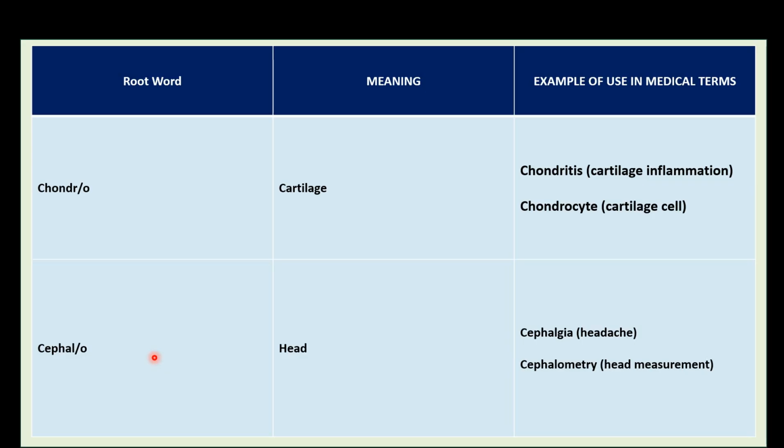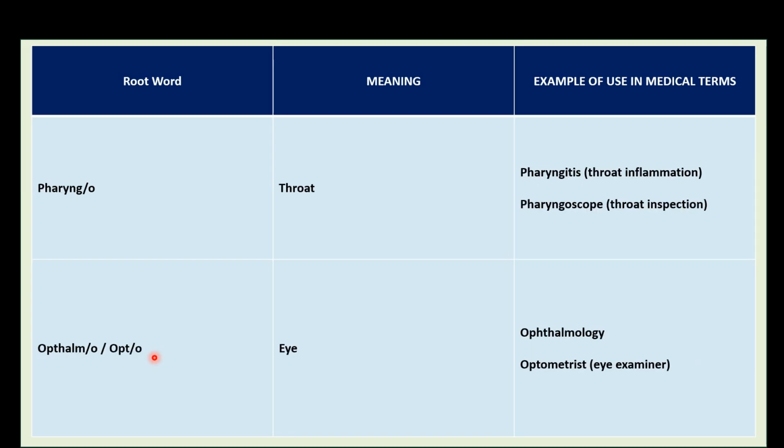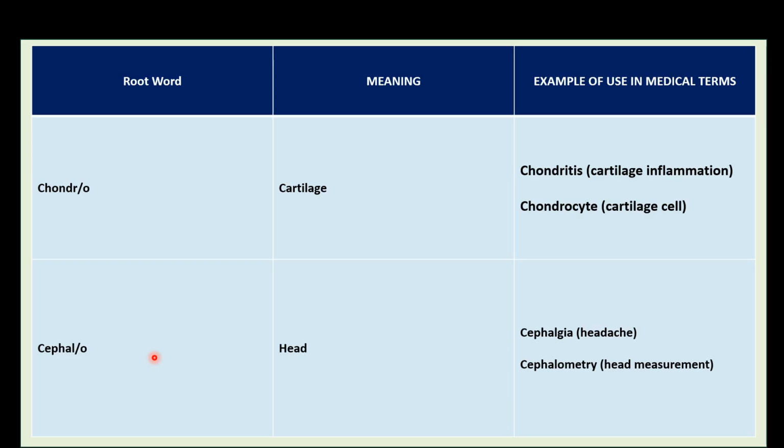Sorry, for headache we will use cephalalgia, but in case of head measurement we will use cephalometry. Clear? So I think now we are good with all these four root words, that is pharynx, ophthalm, chondr and cephal.